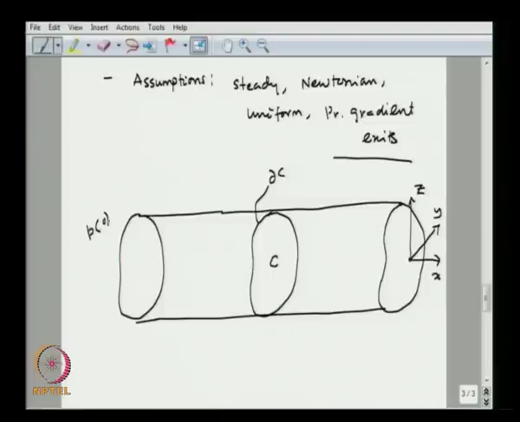So, this is let us say x equal to 0, right. So, x equal to 0, P 0, which is the inlet pressure, is let us say P star plus delta P, okay. And here P at L is going to be P star.